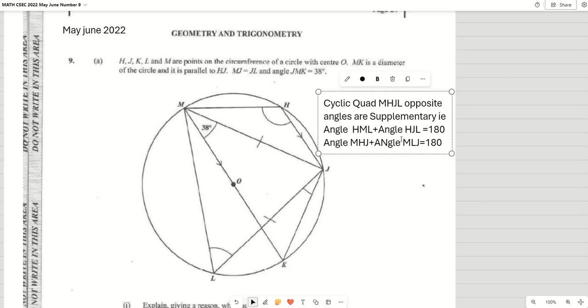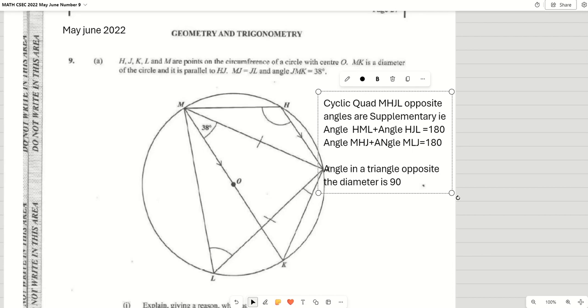Now let's deal with the diameter. The angle in a triangle opposite the diameter is 90 degrees.